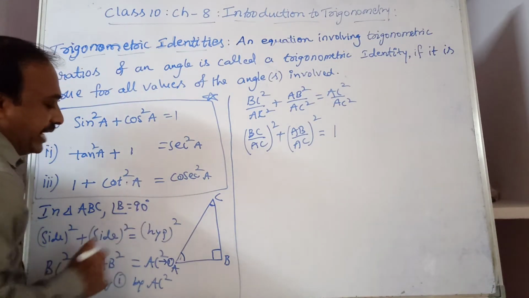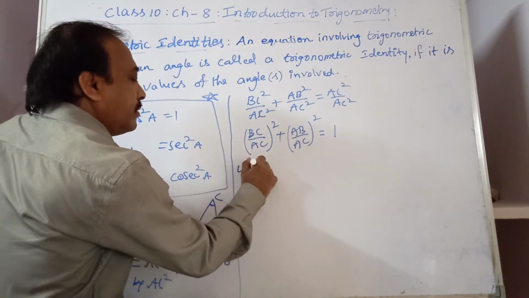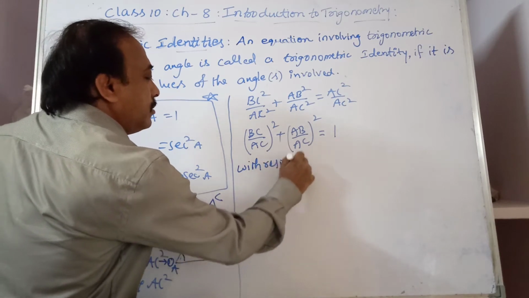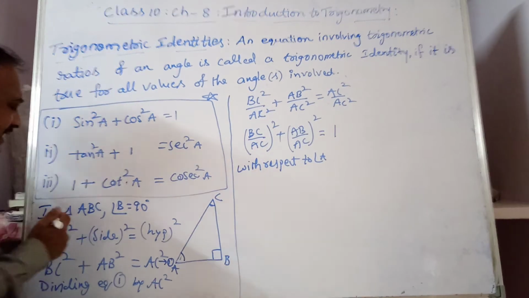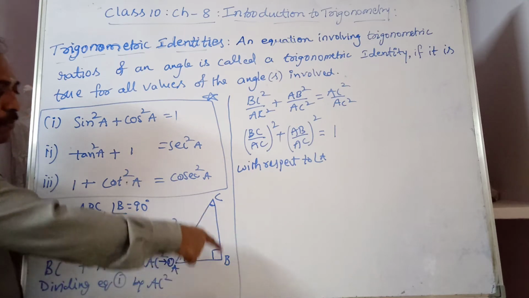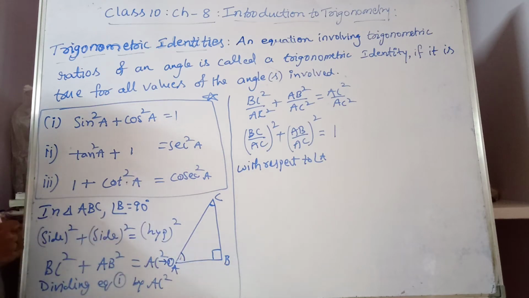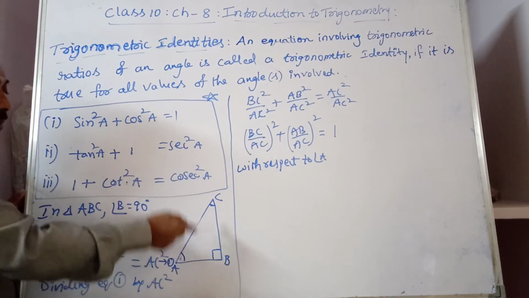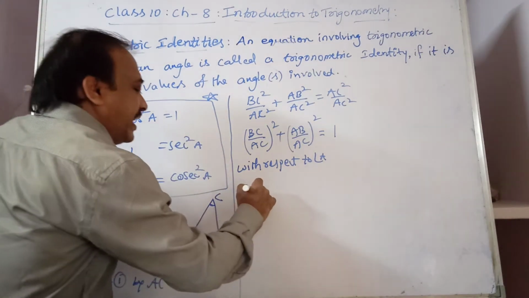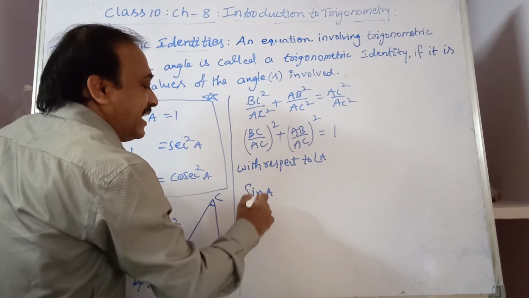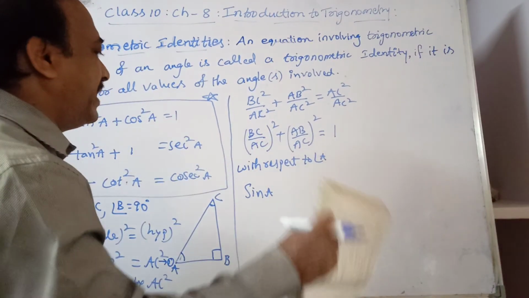With respect to angle A, observe it, the opposite side is BC and the hypotenuse is AC. So BC by AC, what can you write this as? Sin A. BC by AC is sin A.